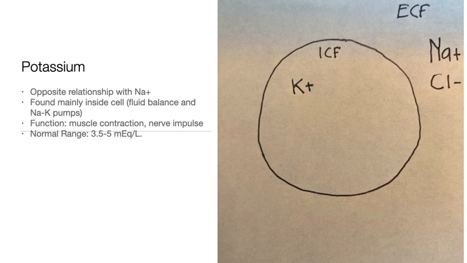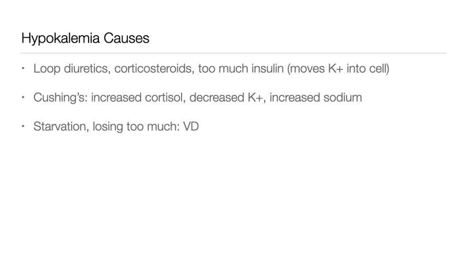It functions in muscle contraction and nerve impulse as well, and this narrow range, 3.5 to 5 milliequivalents per liter, is what we're looking for. Anything outside of that, first thing we do is obtain an EKG and monitor cardiac status.